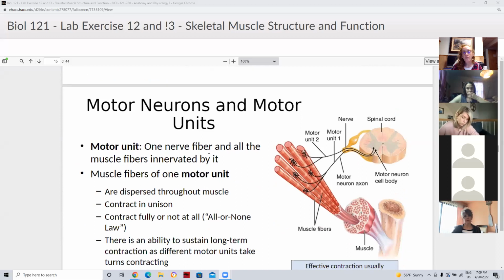So a motor unit is defined as the one nerve fiber and all of the muscle fibers that it synapses with and thereby innervates. So one motor unit is defined as all of the muscle fibers that are innervated by one nerve fiber, and it innervates them by synapsing with them.